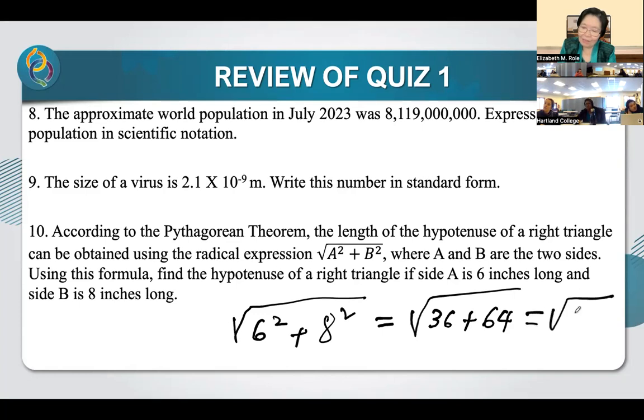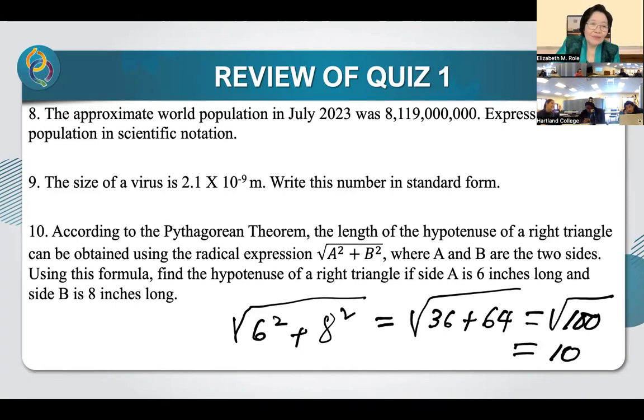So here you'll have to add 36 plus 64 so that you get 100, and that's the time you extract the root. So do not extract the root by installment, all right? For addition or subtraction, you have to perform the operation under the radical sign before extracting the root.